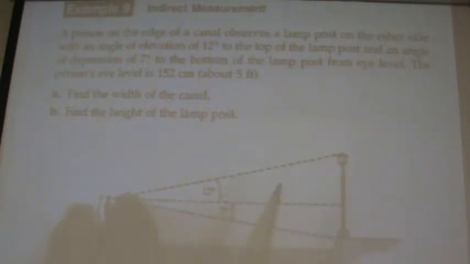And to the bottom, the angle of depression, so from here to here, is 7 degrees. So with that, you would be able to figure out a lot of stuff. They tell you that this person's eyesight is 152 centimeters, which means from here to here is also 152.